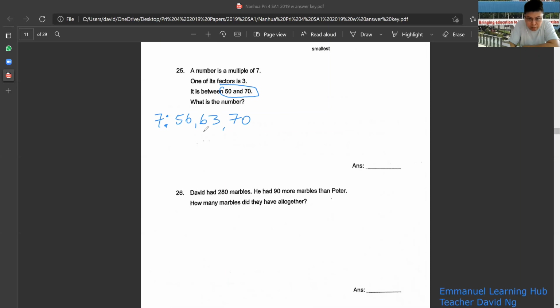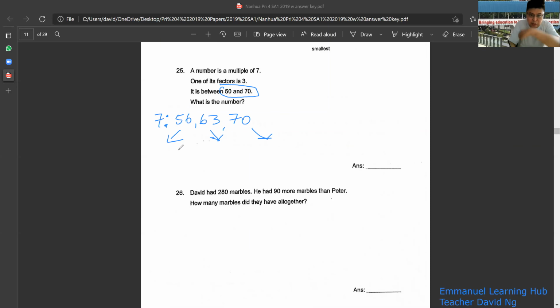So these are all the multiples of 7. They are referring to one of these three numbers. Because it said a number is a multiple of 7, all these are multiples of 7. One of its factors is 3. Okay, which one has a factor of 3?